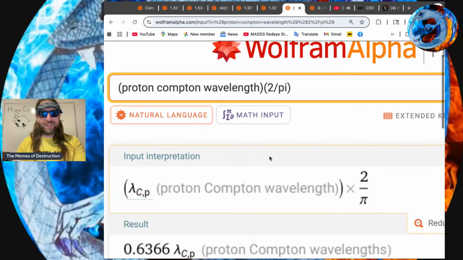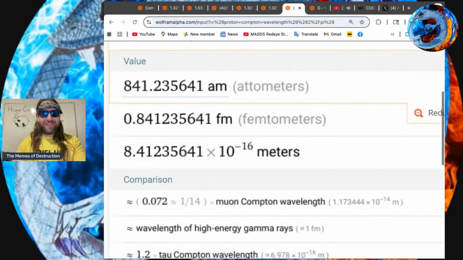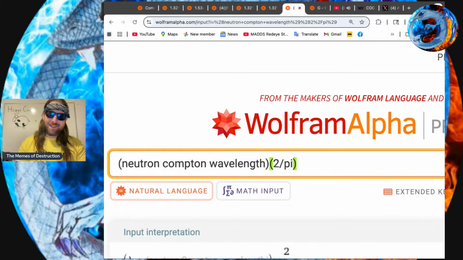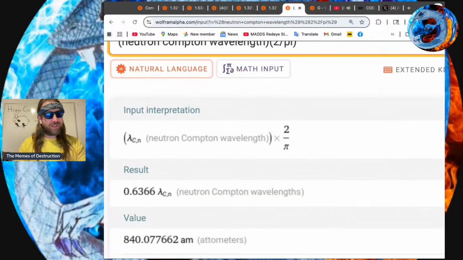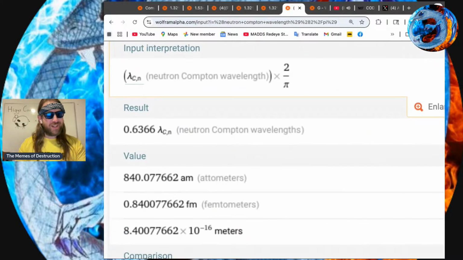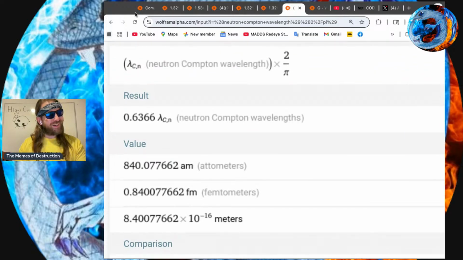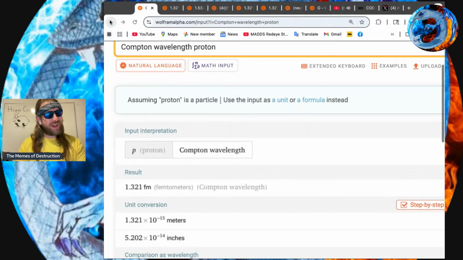Okay, so what happens? I actually haven't done this. It's the neutron Compton wavelength divided by this. Oh, that's interesting. Let me go back, I'm just curious.